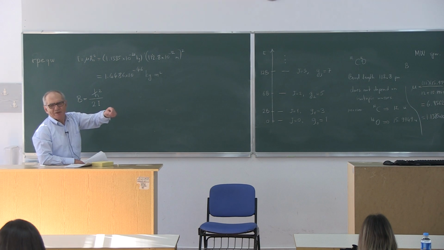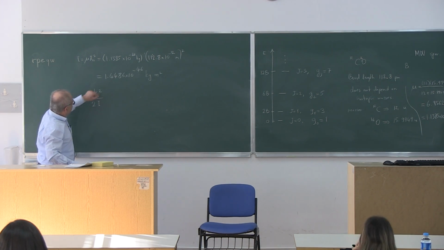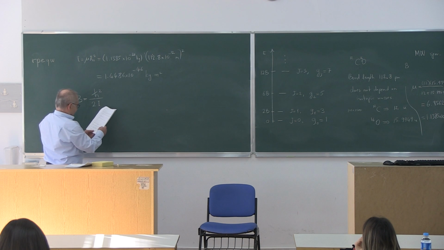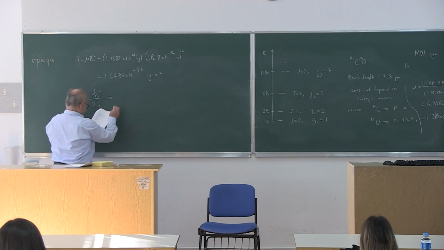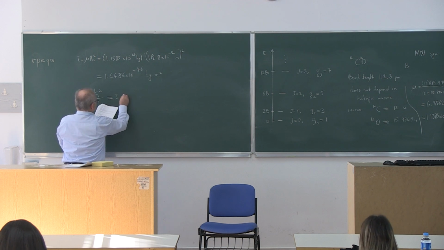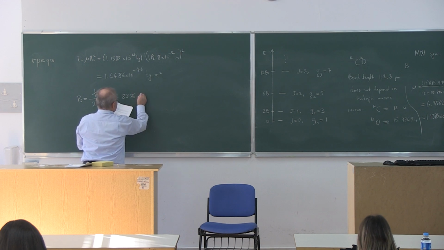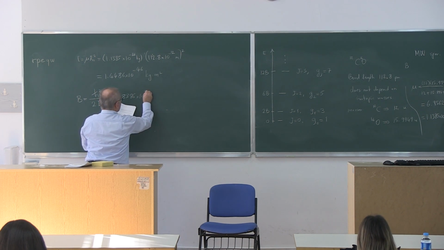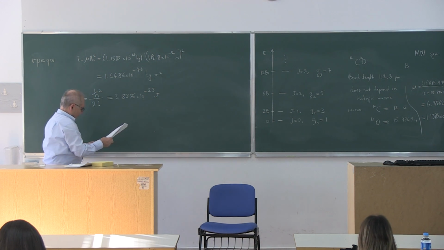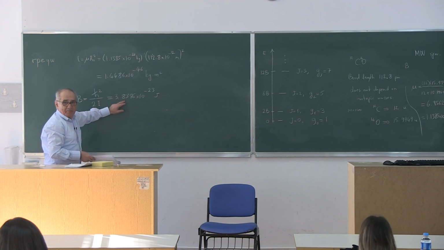H bar is 1 point something after division. You take the square of it and use it there. And you calculate this. B is 3.8386 times 10 to the minus 23 joule. This is the value of B.